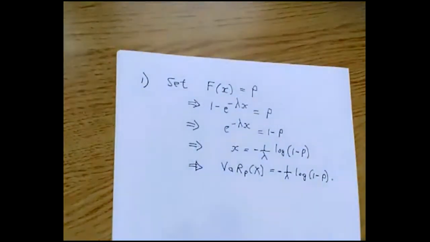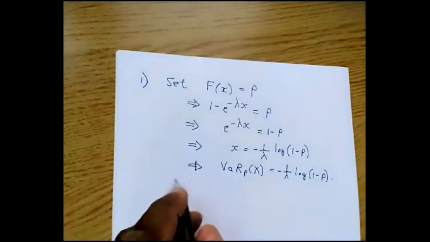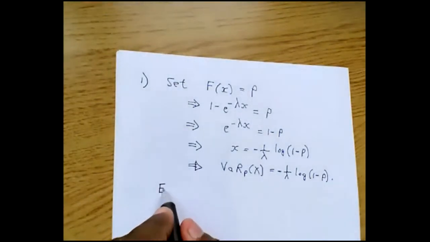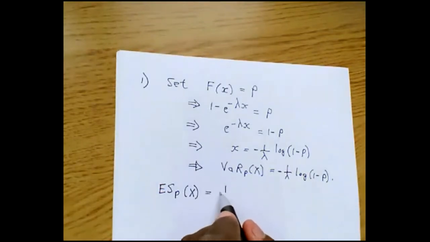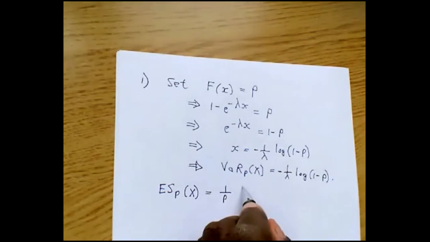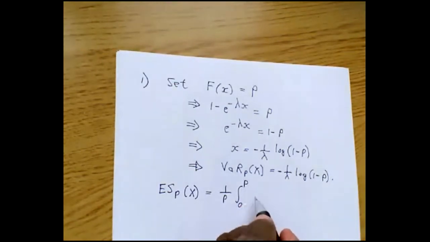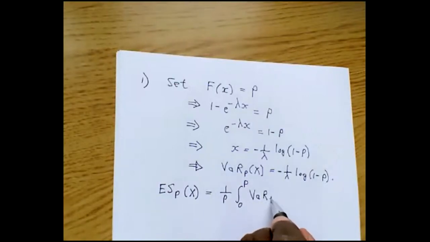All right, guys, now to find the expected shortfall, you use the formula I gave you on Tuesday this week, which is 1 over p times the integral from 0 to p of VaR_t dt.